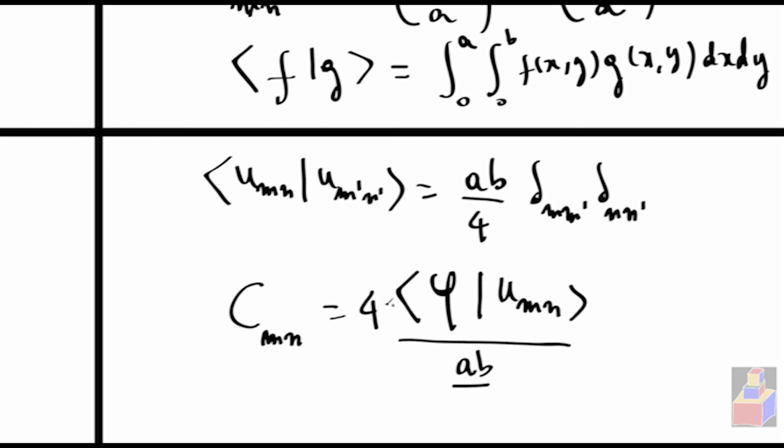So it's 4 divided by AB times that. That's the solution. From this we can get the A_mn, which is simply that divided by the hyperbolic sine. So this is what we have to show how to solve these problems.